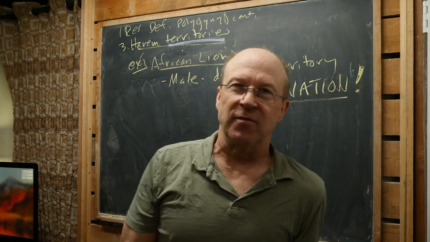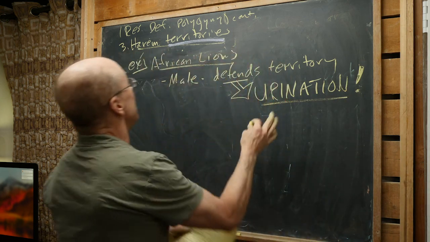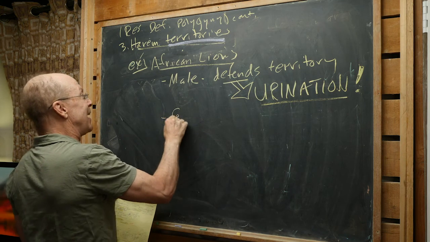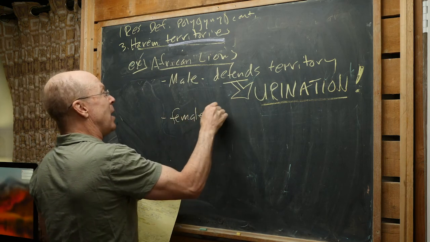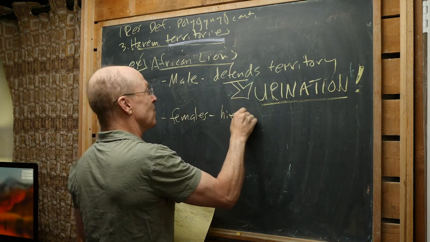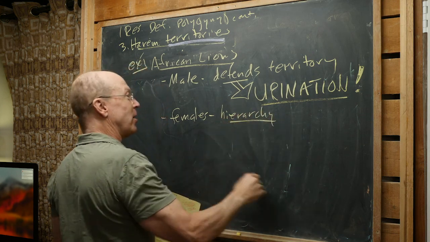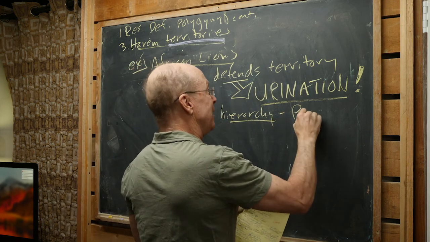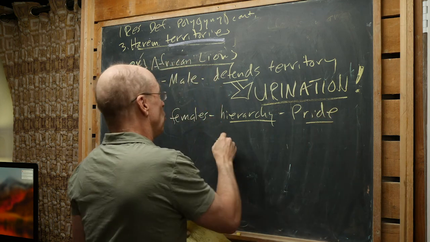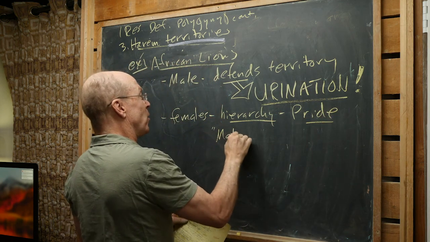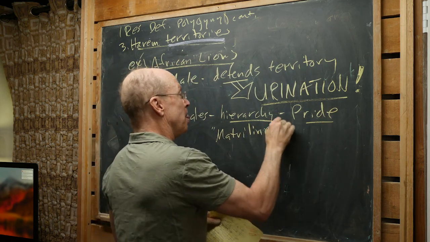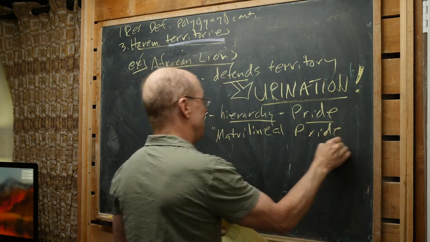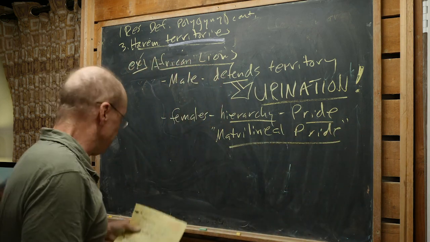For other aspects of defense, he's got some help, because the females have their own hierarchy. We talked about hierarchy. It's called a pride, and we call it therefore a matrilineal pride.